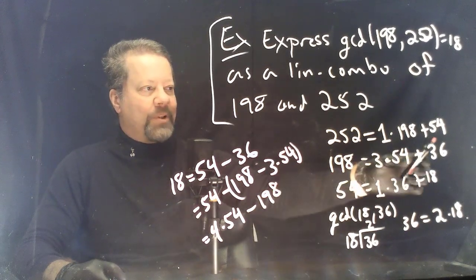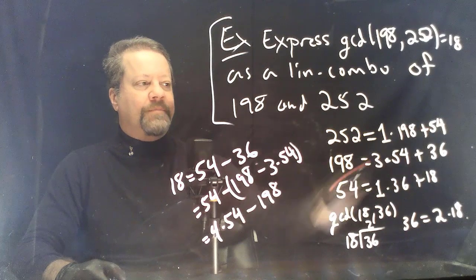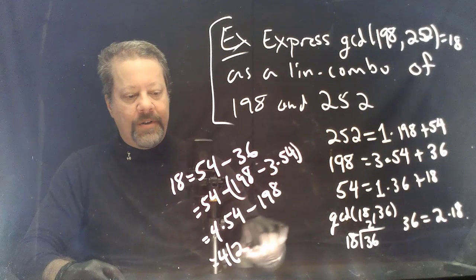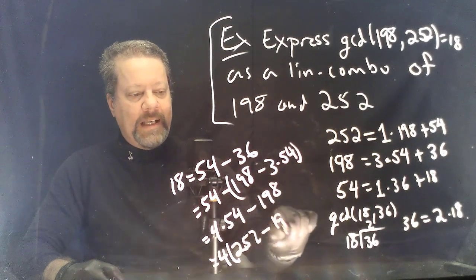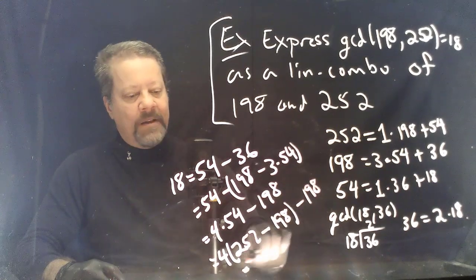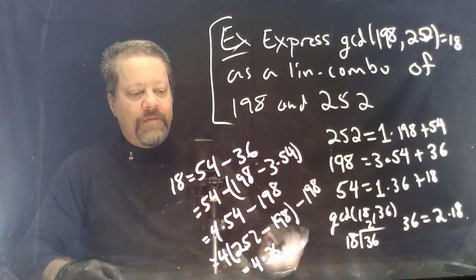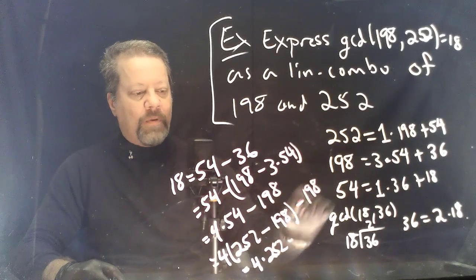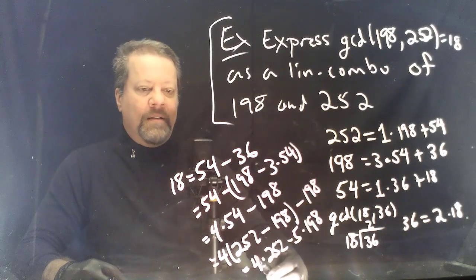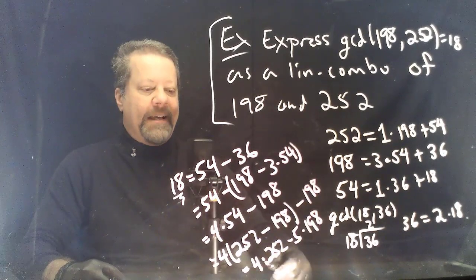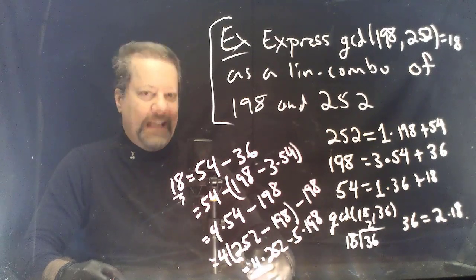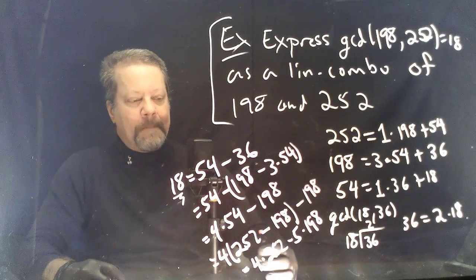And then one more substitution, this time for 54. 54 is 252 minus 198. So that's 4 times 252 minus 4 minus 1, which is minus 5 times 198. So 18, the greatest common divisor, is 4 times 252 minus 5 times 198.